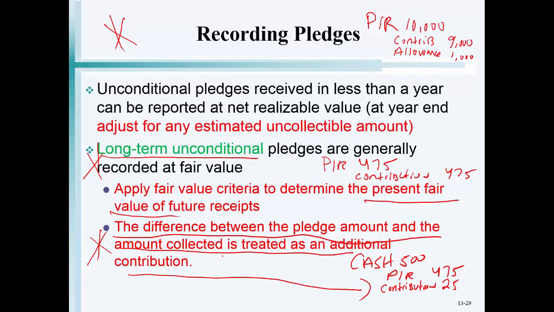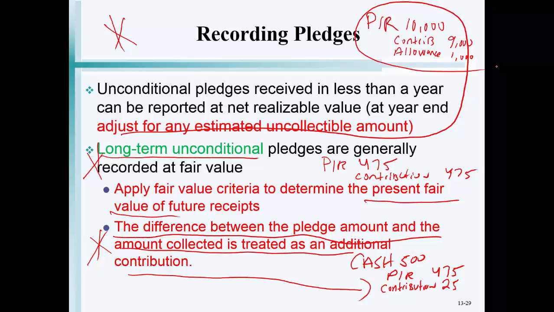So you come over and take a look at this next slide. What happens if our experience tells us that some portion of our contribution pledges will be uncollectible? Okay, so we're talking about, say, an unconditional promise. A person promises they're going to give me $10,000, or a number of people promise they're going to give me some money that totals $10,000.